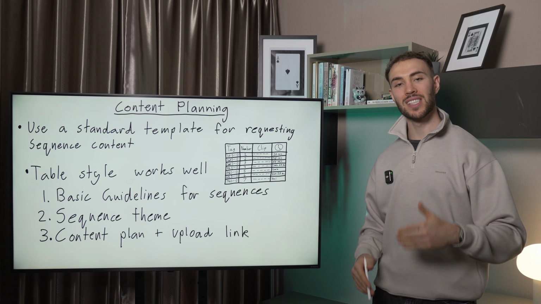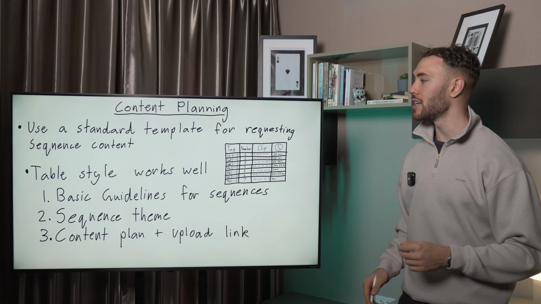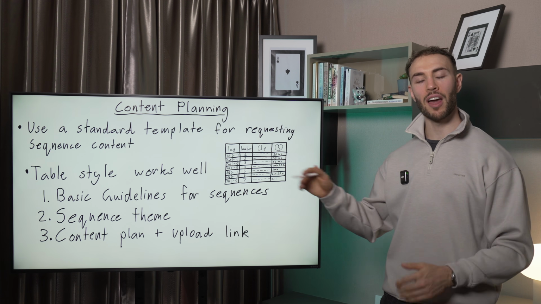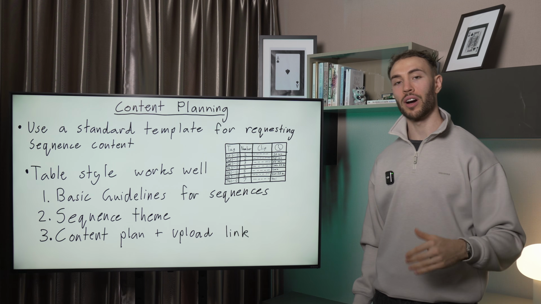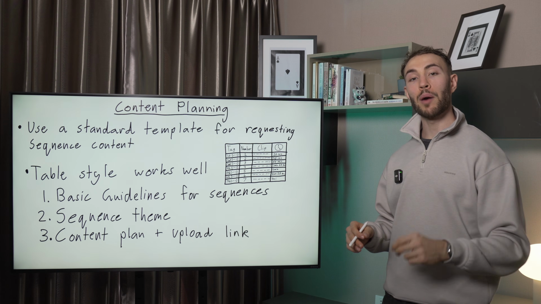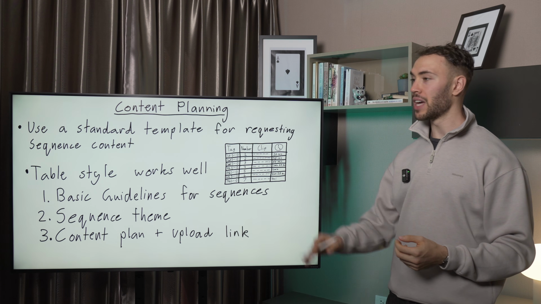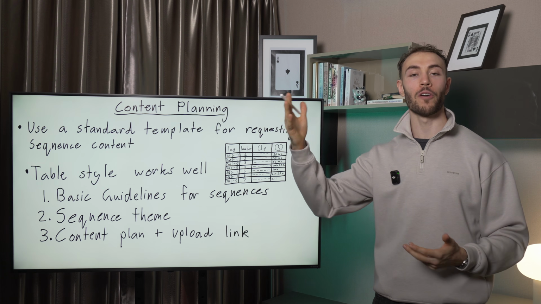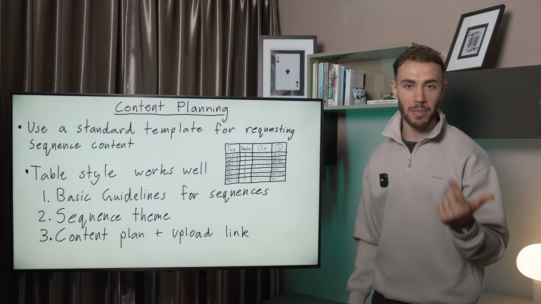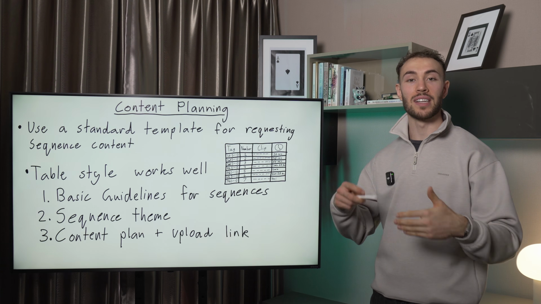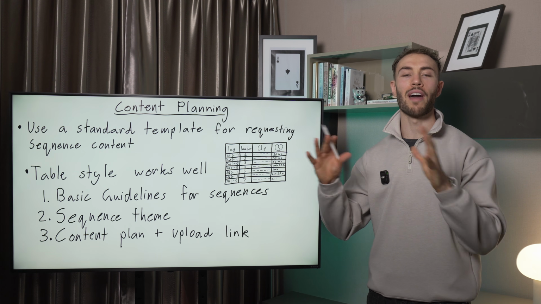For writing out the content plan itself, I would recommend using a standard template that's easy to understand. I use a table that looks something like this, but don't worry, I'll be sharing my one with you. The way I would recommend structuring the document is by having your basic universal guidelines at the top, things like hide natural light, it's meant to be live, make it seem as authentic as possible, things that would apply to every sequence.